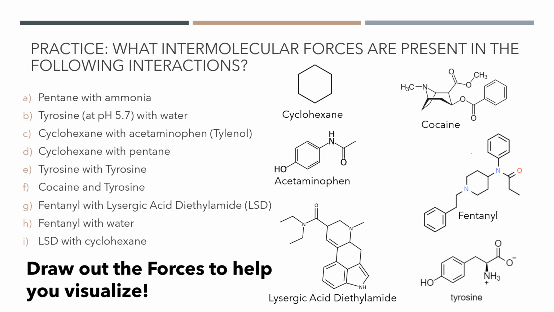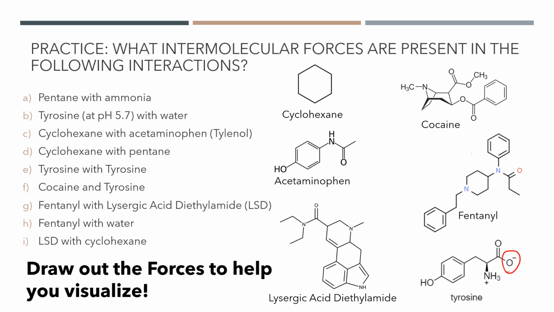This one right here, tyrosine at pH 5.7, just means that it's going to exist as what's called a zwitterion. You'll have to know this for this class, but it's going to have negatively and positively charged groups. So if it's with itself, it can actually make an ion-ion interaction, which organic chemists would consider an intermolecular force because it's not covalent, but we're not going to worry about it.